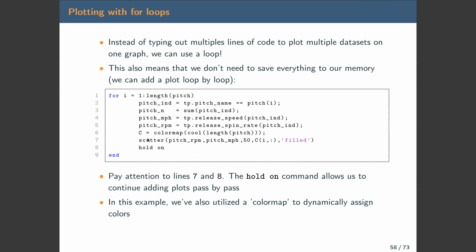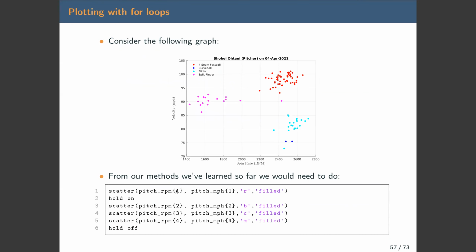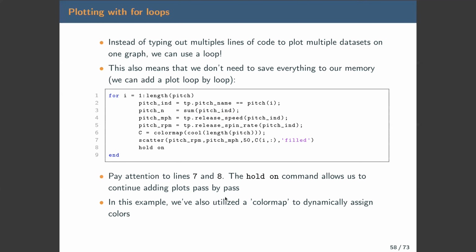We're inside of a for loop here, but you see that we say scatter, pitch RPM, and pitch MPH. In the previous slide we have pitch RPM and pitch MPH, but we have 4 kinds of groups, right? Since we're looping 4 times, we're going to calculate pitch MPH and pitch RPM each time.